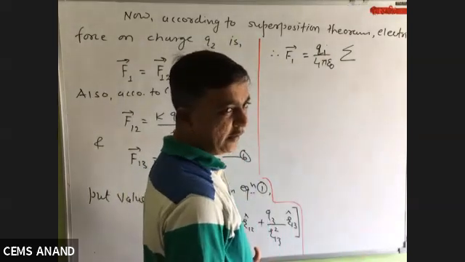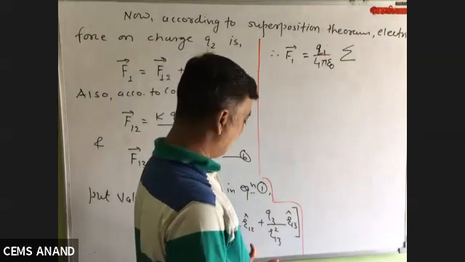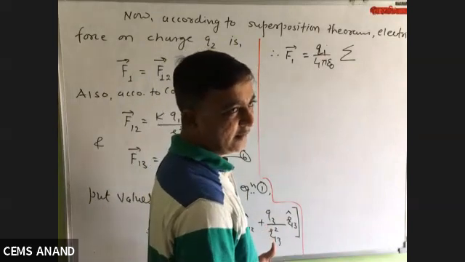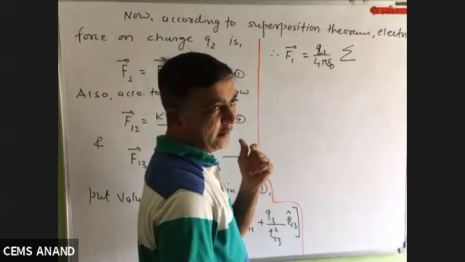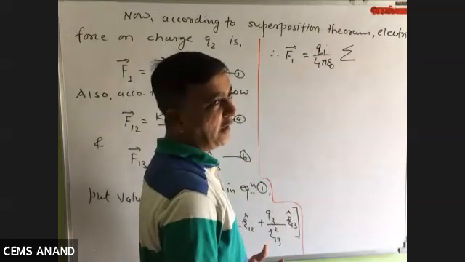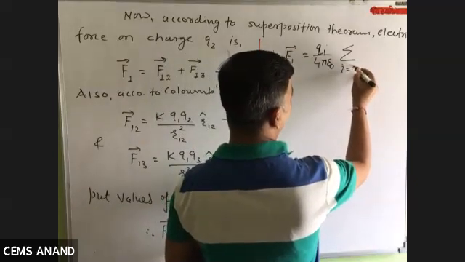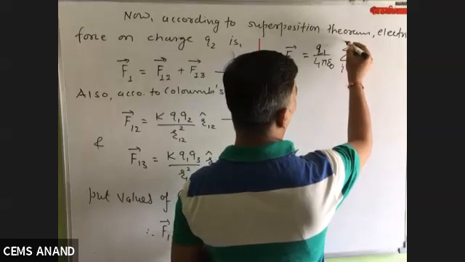Here it is for only 2 charges. Then it looks easy. But if it is a cluster of n charges, then the formula becomes so large. For that particular purpose, we are allowed to write the formula like this, that i equals 2 up to 3.